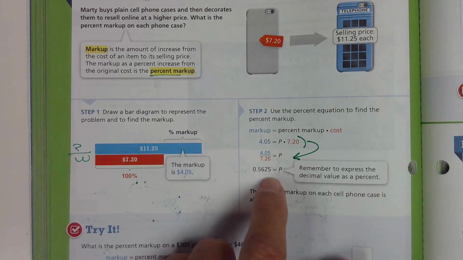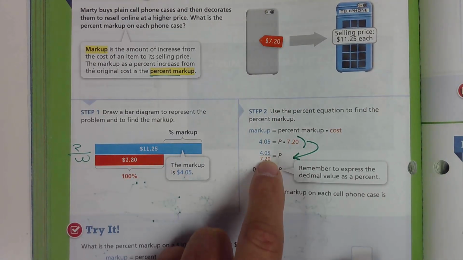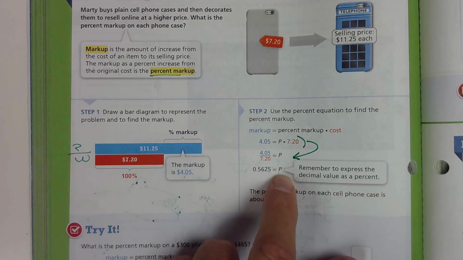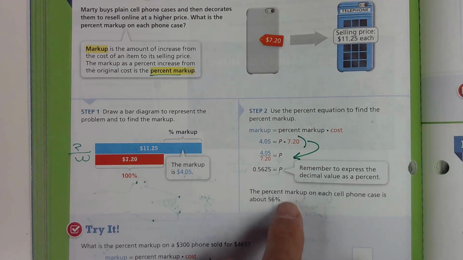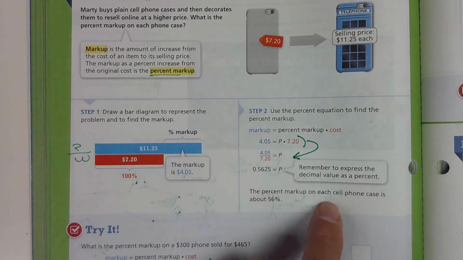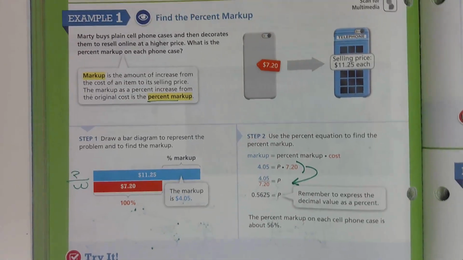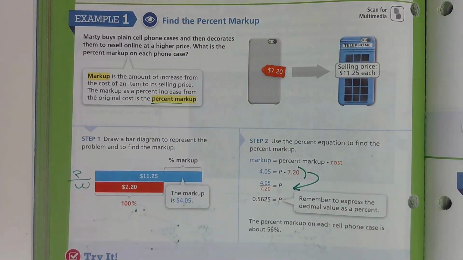And so you're going to divide that by what? By 7.20, by the whole. And so what do you get? You get 0.5625 equals the percent. And you're just going to move the decimal 2 places. And so the percent markup on each cell phone case is about 56%. Because that's the question. They want to know the percent markup. So 56%.